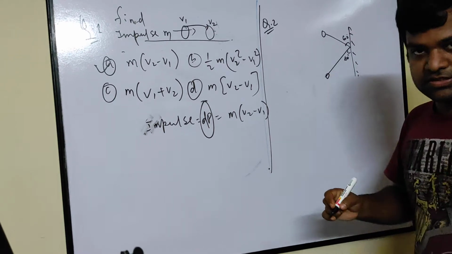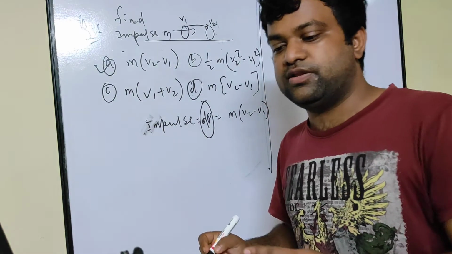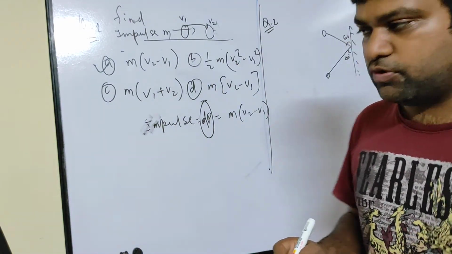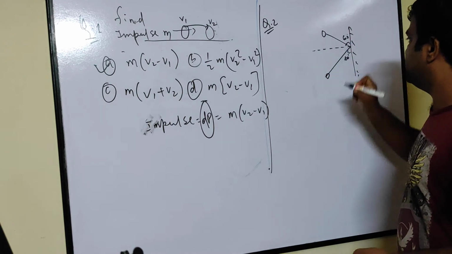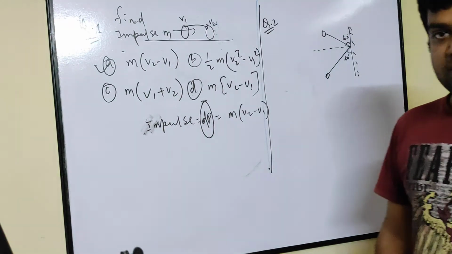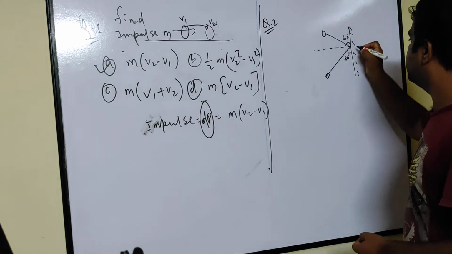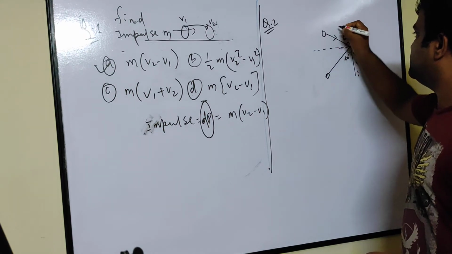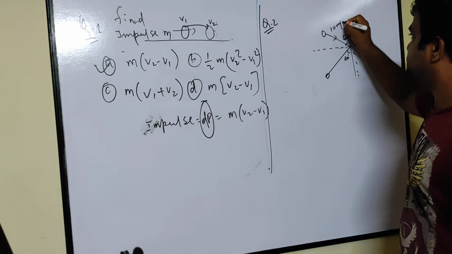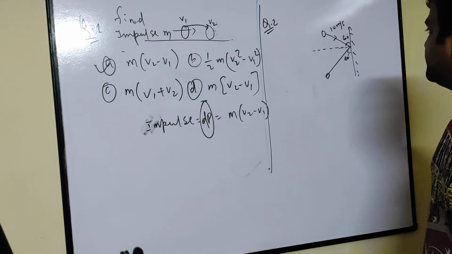Let's say the velocity is not changing, it's a rigid wall, or if it is changing, it is a very small change. Here the incoming velocity is given as 10 meter per second.